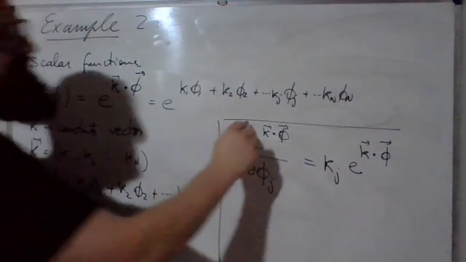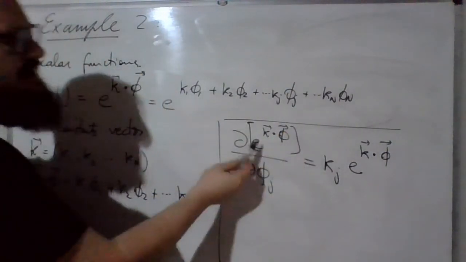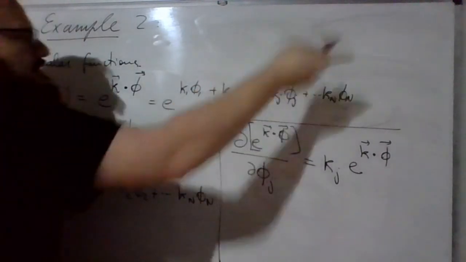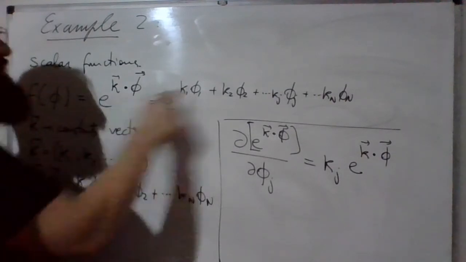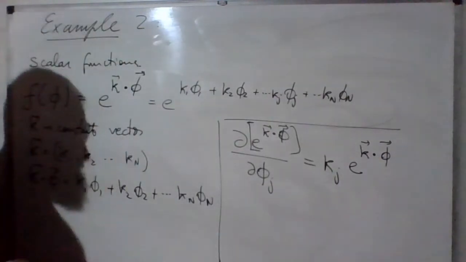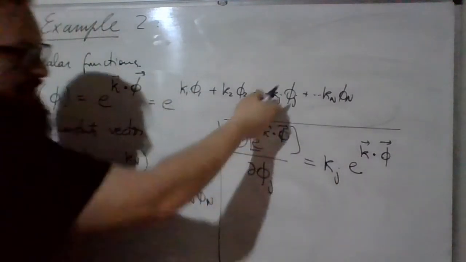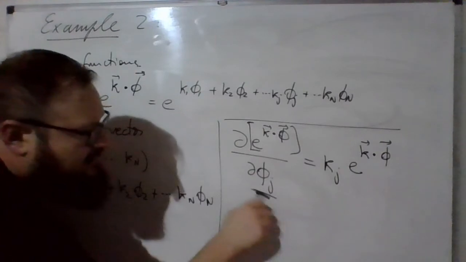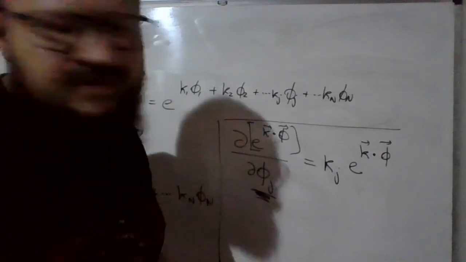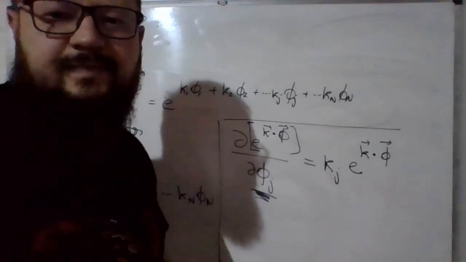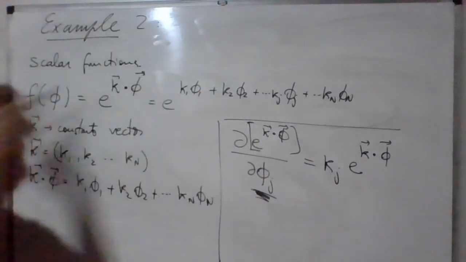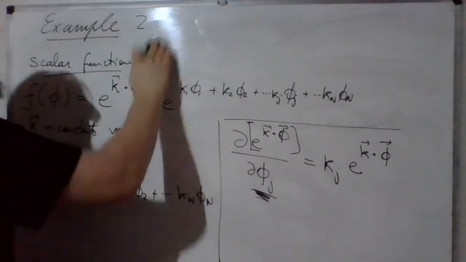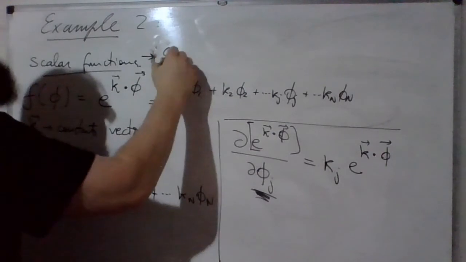If you are calculating the partial derivative of an exponential which depends on some function of phi, and this function is linear in phi, you will have as a result the coefficient multiplying that specific phi for which you are calculating the derivative, multiplying the exponential. So this is for a scalar function, which is an exponential here.